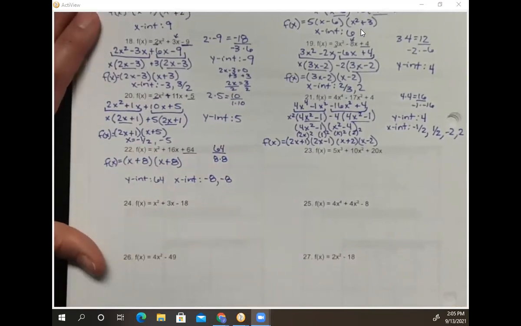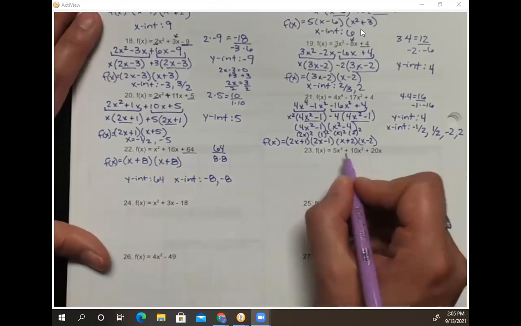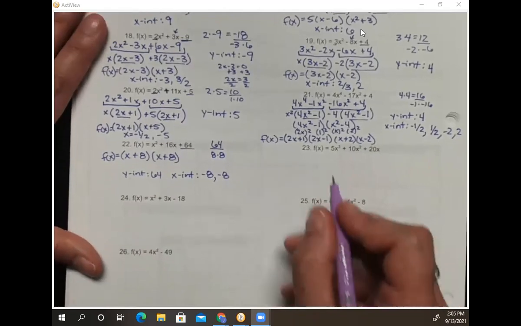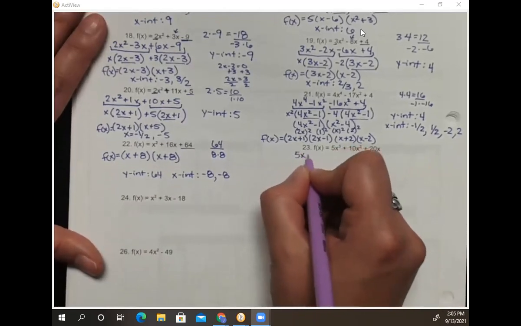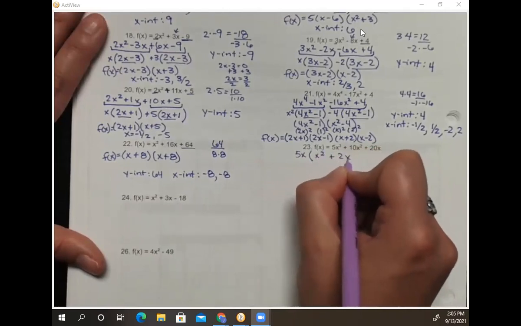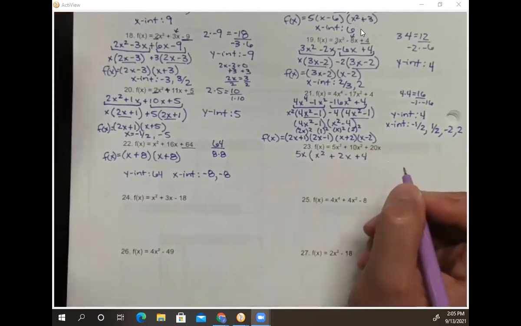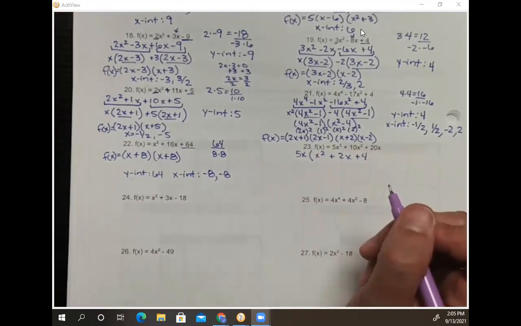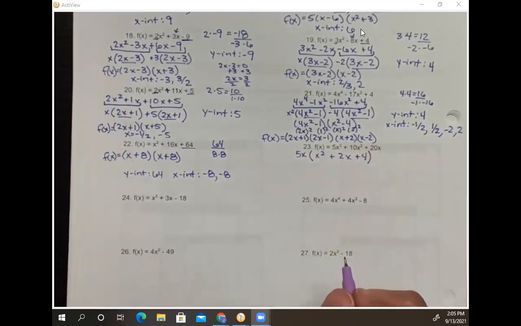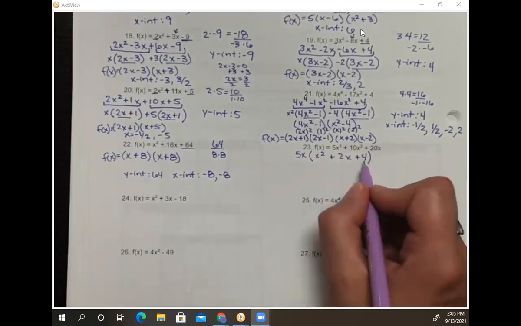For number 23, I have a GCF here. All my coefficients are divisible by 5, and all my terms contain an x. So I'm going to pull out a 5x. That would leave me with x squared plus 2x plus 4. And now I want to look to see if I can continue factoring this piece in parentheses.